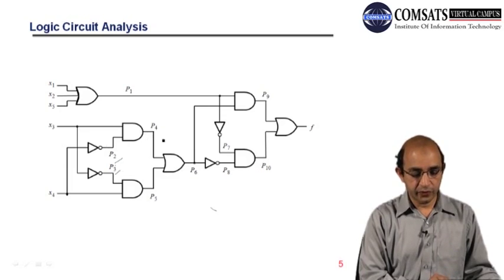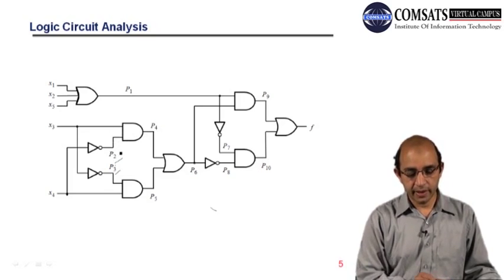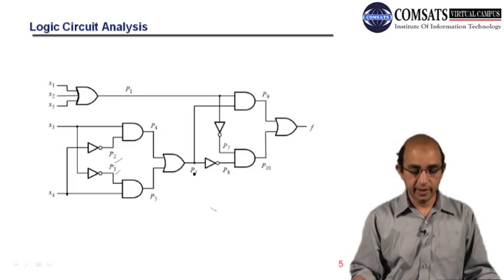And we have a P4, and P4 is the AND operation between x3 and x4 complement, or you can say x3 and P2. And then we have an OR operation here, and we have P4, P5, and then P6, P7, P8, P9 and P10.